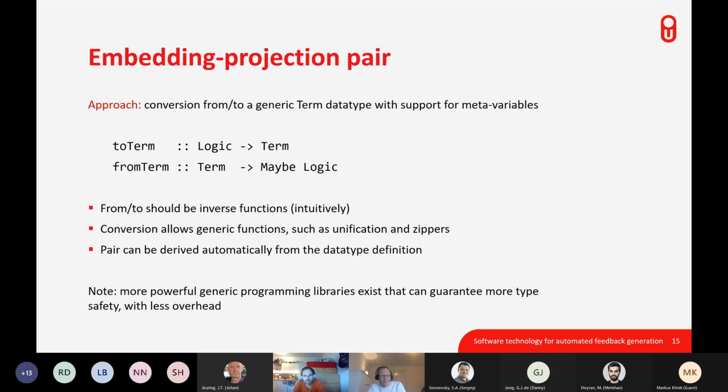So for those of you who are familiar with generic programming techniques, there are far more powerful generic programming libraries that do not rely on these explicit conversions to this term data type. They can also provide more type safety, etc. But for us, this works. This is sufficiently a solution.